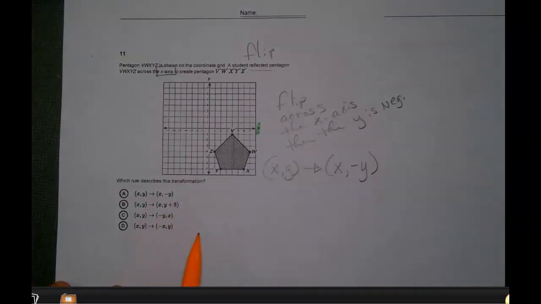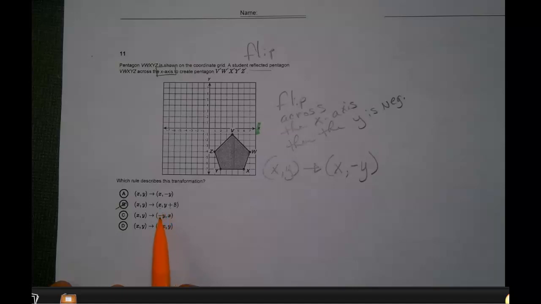Well, this definitely does not make sense because it has x, but then it has y plus 8. If it's flipping, that would be incorrect. And we're not doing a what? Negative.